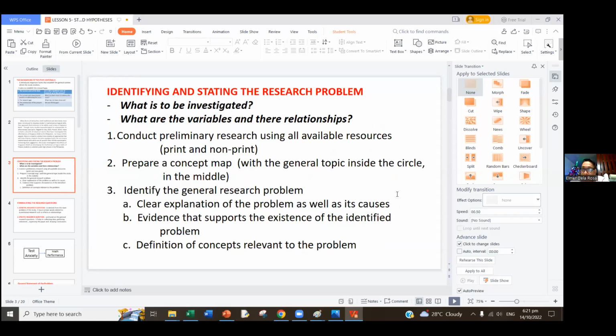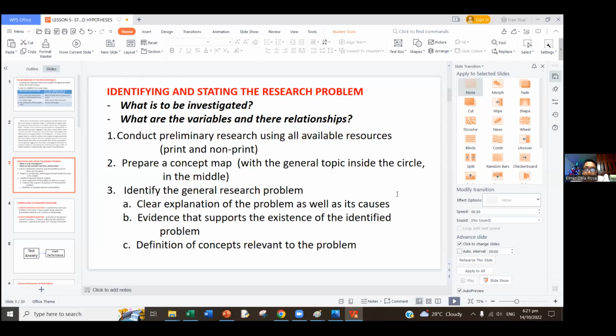Okay, so iterate lang natin ito. Number one is, before you state the research problem, you conduct preliminary research using all available resources, print and non-print. So this is what we call exhaustive, intensive, and extensive literature review of print and non-print media, online or offline resources which are available at the university libraries of most universities.